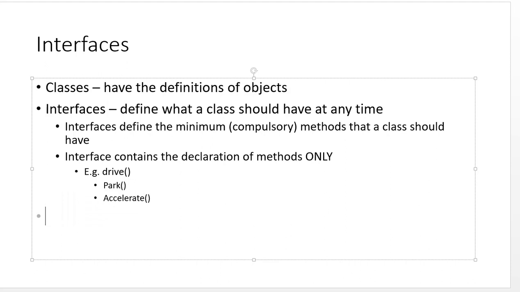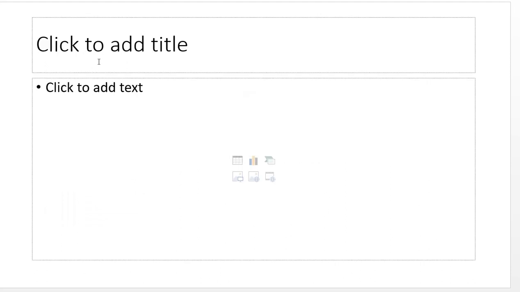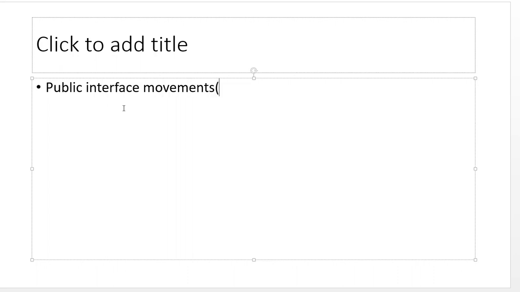An interface has got the same construct as a class, but it's not called a class. You may declare it as public interface movements, right? So movements is our interface, and within that interface is where we'll declare our various methods.